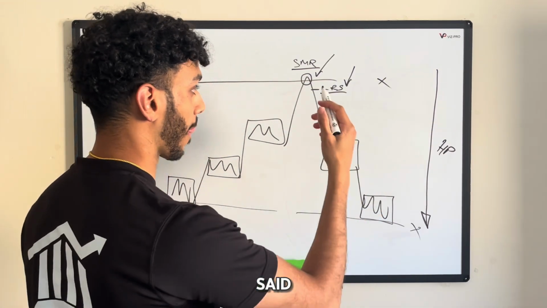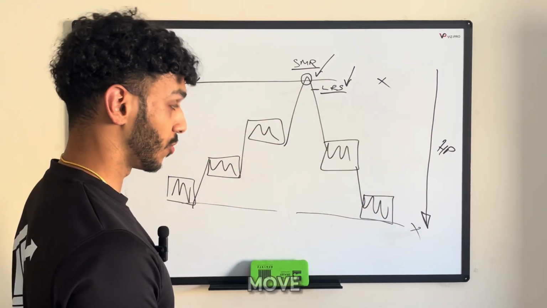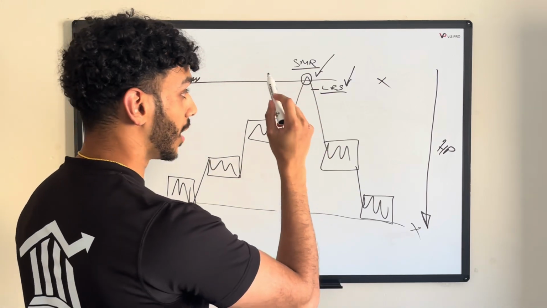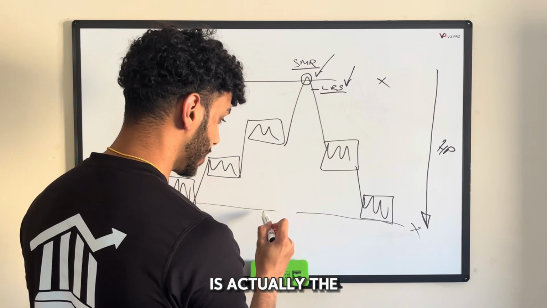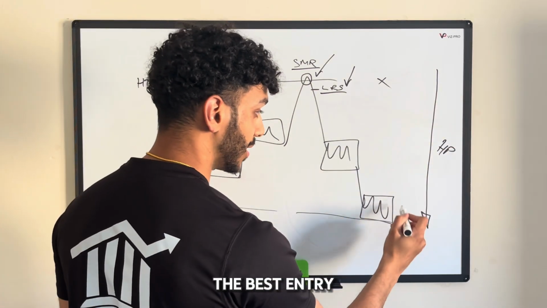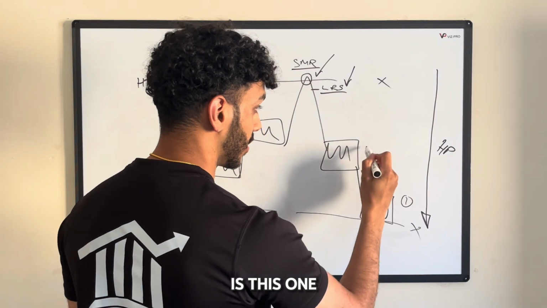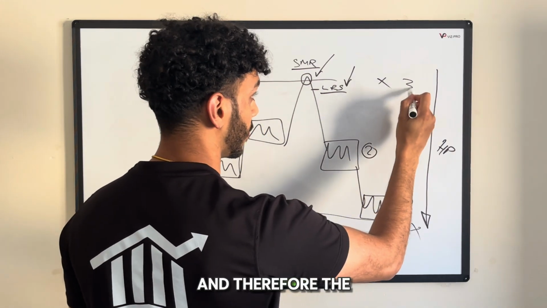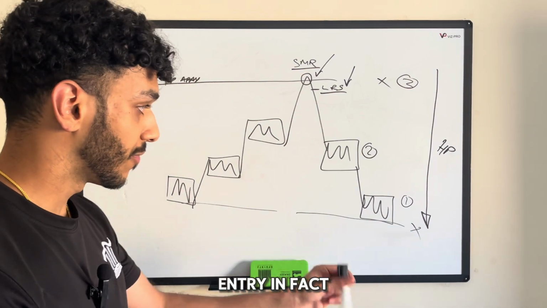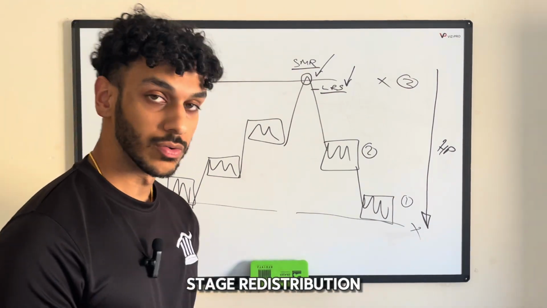Because like we said, we have the least amount of confidence in the move because we're trying to catch the exact reversal point, number one. And number two, it's actually the furthest away from the draw. So in fact, the best entry is this one, the second best is this one, and therefore the crappiest entry is that one. Now, the best entry, in fact, is the second stage redistribution.